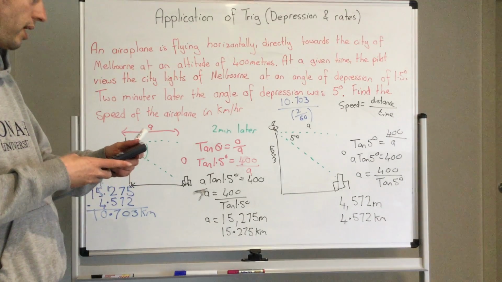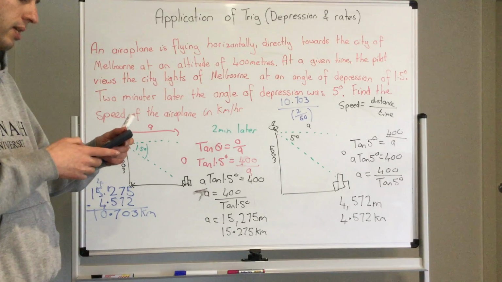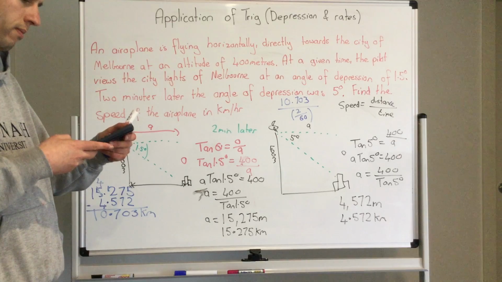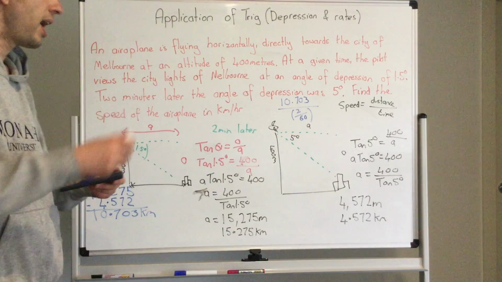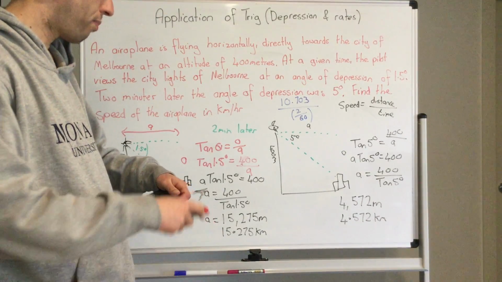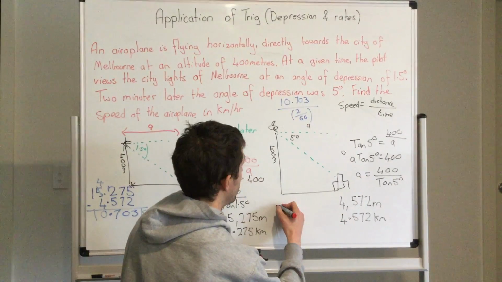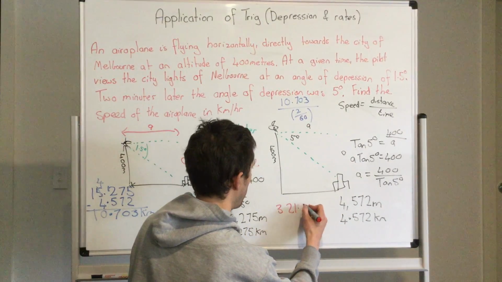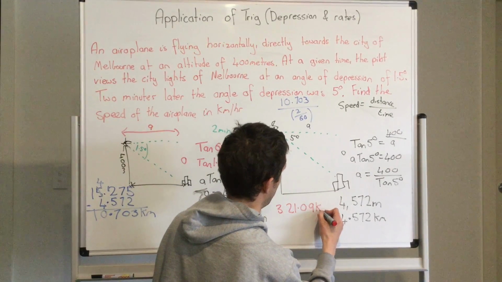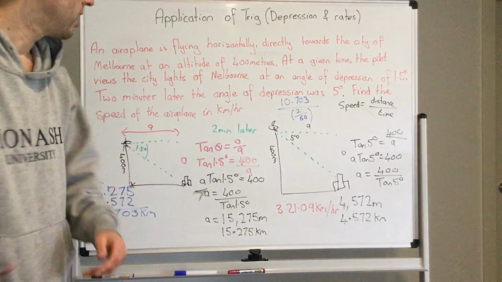Let's work that out. 10.703 divided by 2 over 60 gives me the speed of 321.09 kilometers per hour. And there you have it.